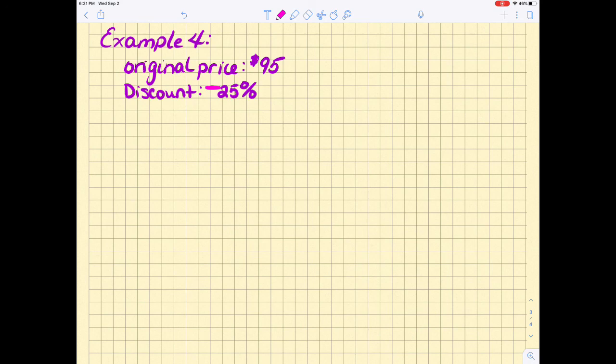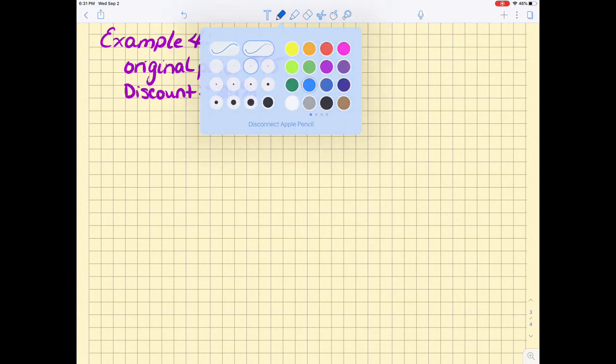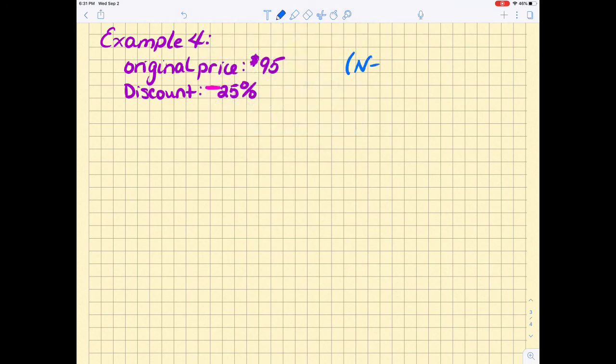So let's look at our formula as we did before. Parenthesis, N minus O, all over O equals percent over 100. And let's see what we know here. We do not know the new price. We want to know what the price is going to be after we take away 25%. So the N is going to stay. The original price is $95.